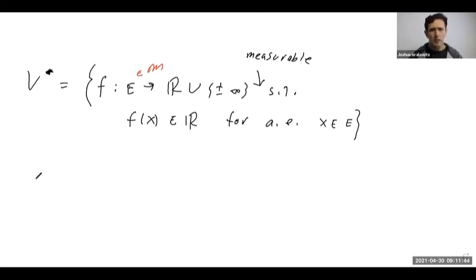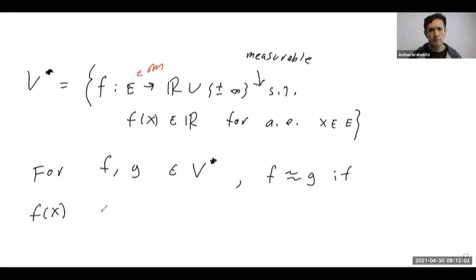Okay. So remember we said for f, g in this set here, we define the equivalence relation in kind of the natural way. F is equivalent to g if, practically speaking, for our purposes, they're kind of the same function in the sense that they're equal almost everywhere. Meaning the set of x in E where f of x is not equal to g of x has measure 0.